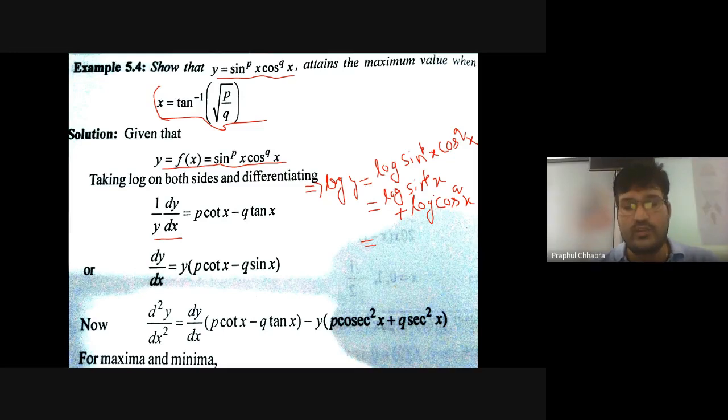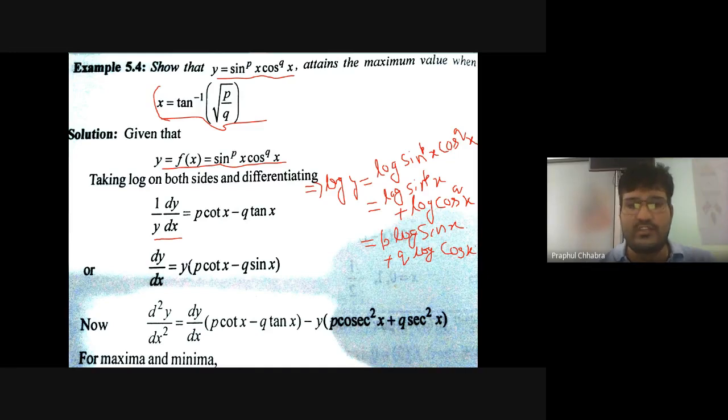Log m raised to the power n is equal to n log m. तो यहाँ पे ये जो पावर p है ये पहले आ जाएगी, so we can write down p log sin x plus, सिमिलरली इसमें भी ये प्रॉपर्टी लगा दीजिए, q log cos x, right? So log y will be p log sin x plus q log cos x.